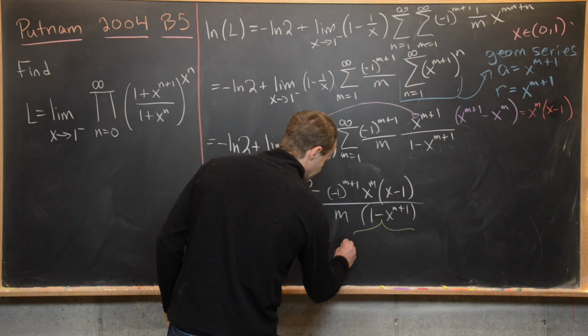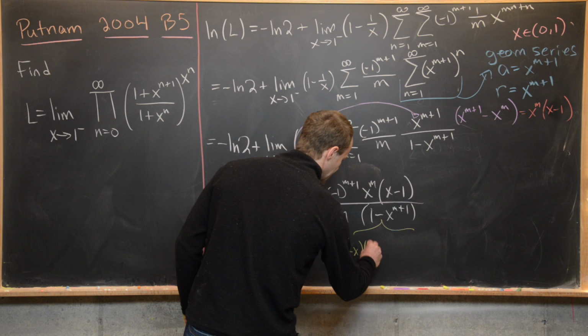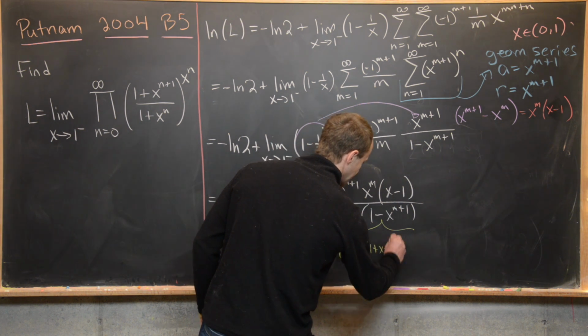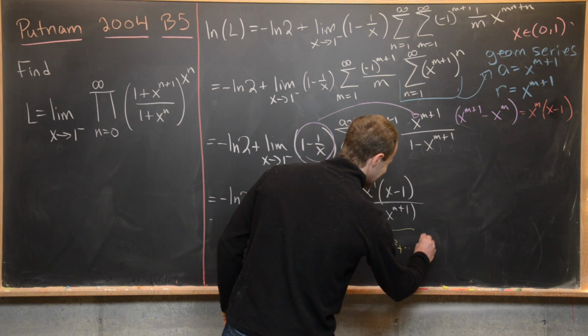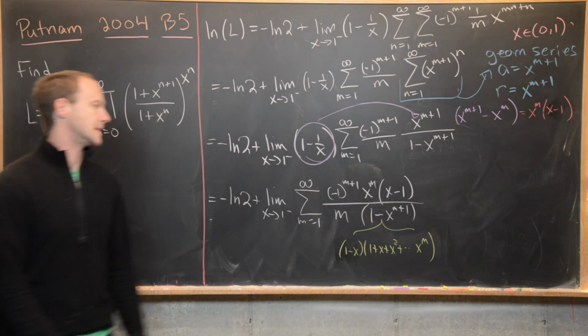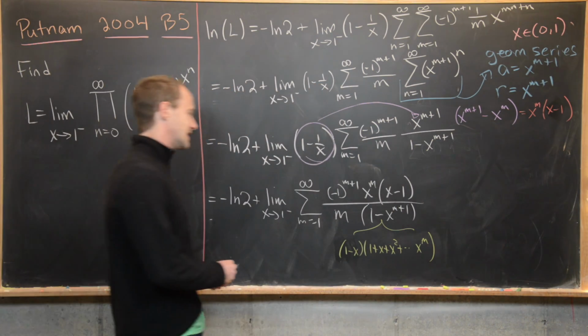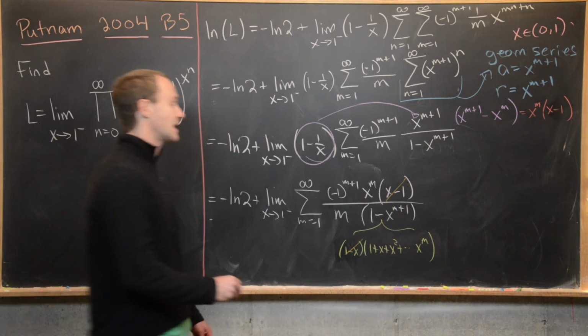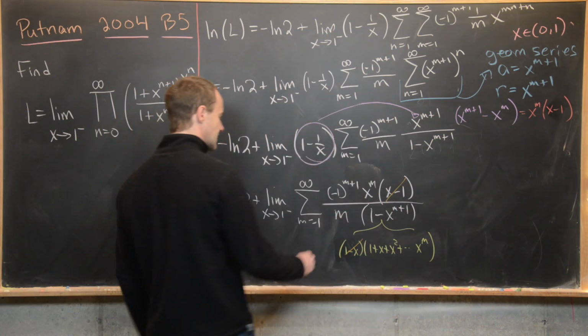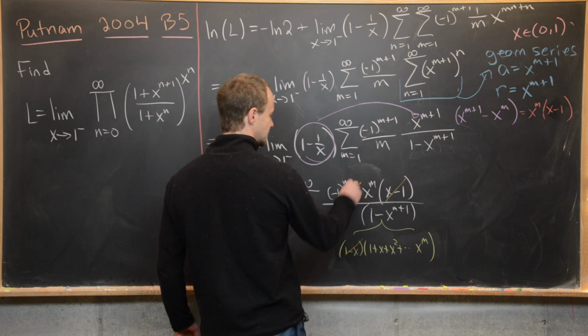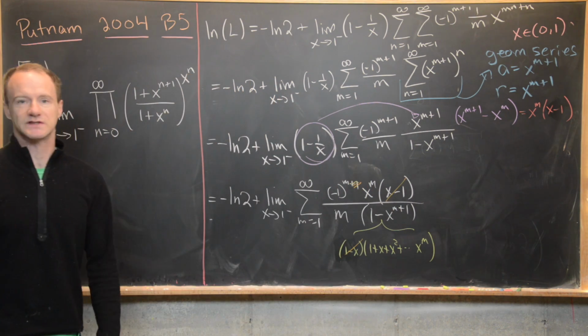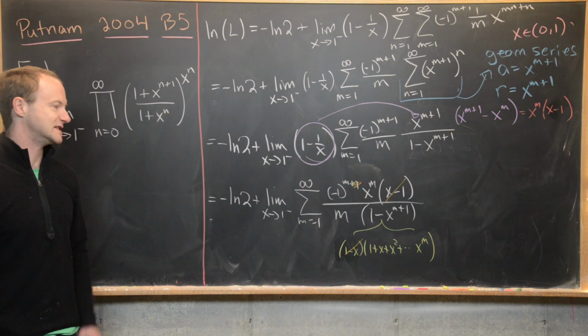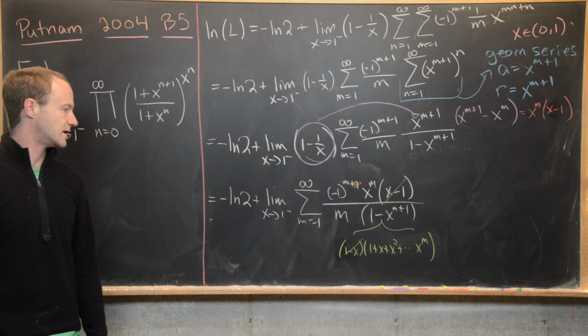So this is going to factor like 1 minus x, and then 1 plus x squared, all the way up to x to the m. Great. And so that's going to allow me to cancel this thing with this thing. That's going to pick up a minus sign, but we can get rid of that minus sign just by taking away one of the exponents here. So that'll go to minus 1 to the m instead of minus 1 to the m plus 1.